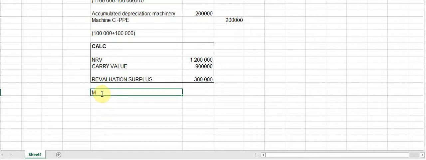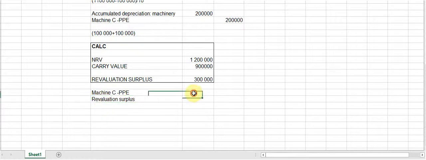So we debit machine C, PPE, and we will credit the revaluation surplus, and we have a total of 300,000 to recognize there. Righto, so that is the entries that we would have done in terms of note 4.